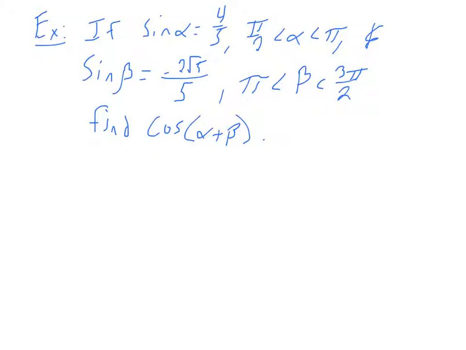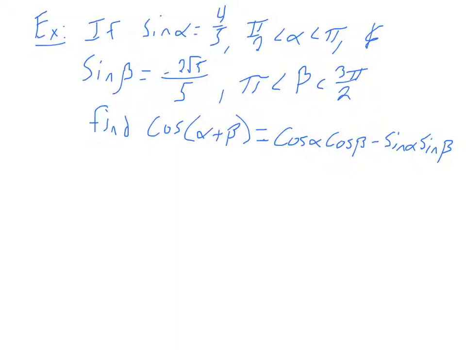All right, so first of all, just to motivate why we're going to be doing the next part, cosine alpha plus beta is going to be cosine alpha cosine beta minus sine alpha sine beta. So we have sine alpha and sine beta already, but we need cosine alpha and cosine beta to be able to finish figuring out what cosine alpha plus beta is equal to.